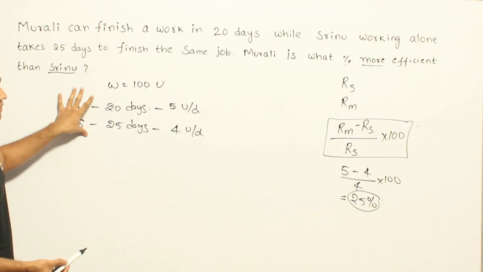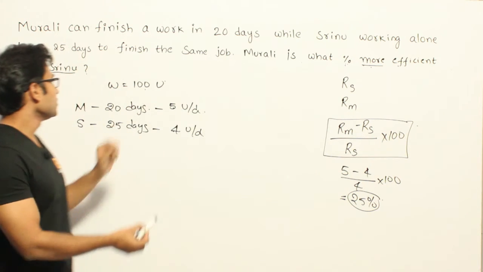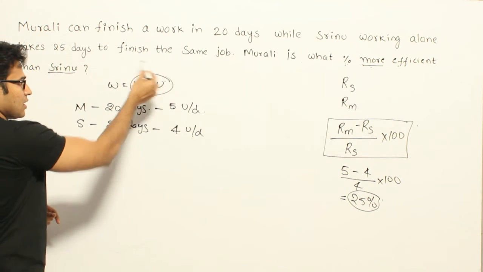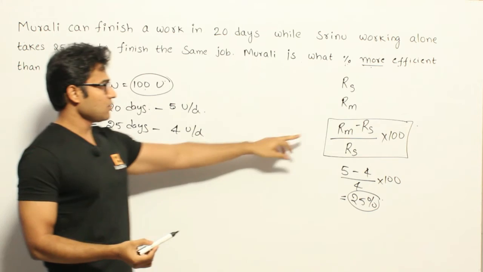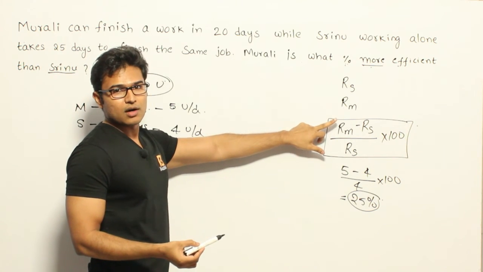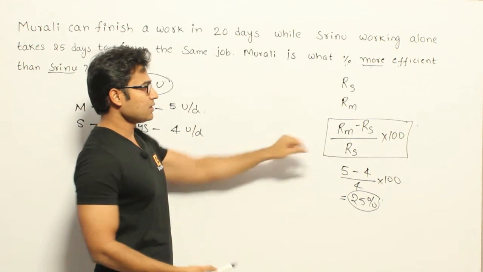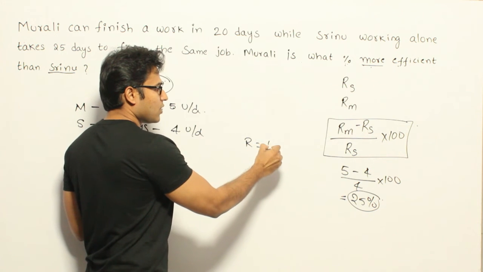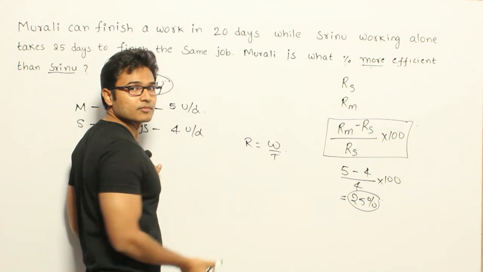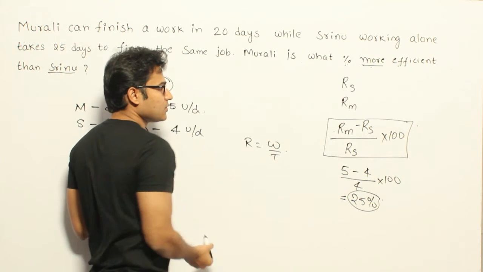Otherwise, why did I say that this initial imagination of 100 units doesn't matter? If you try to convert this rate into time, you'll get this. Rate is equal to work divided by time, isn't it? Now in this place you can also substitute.